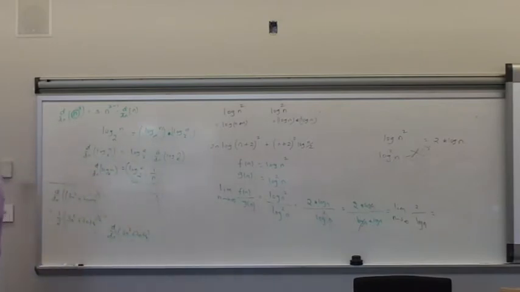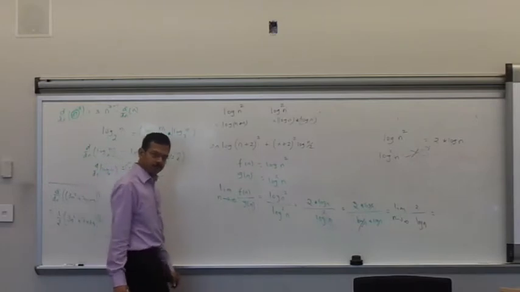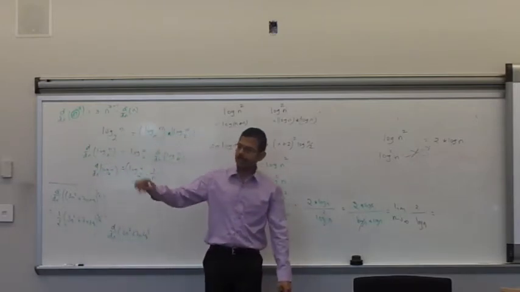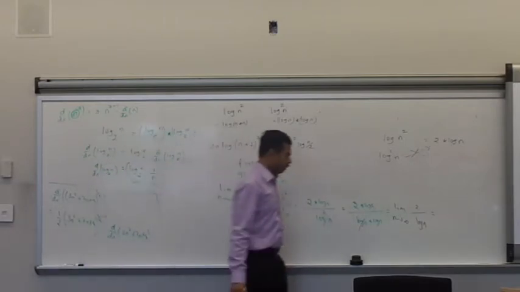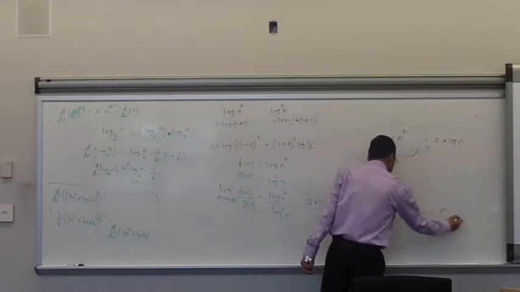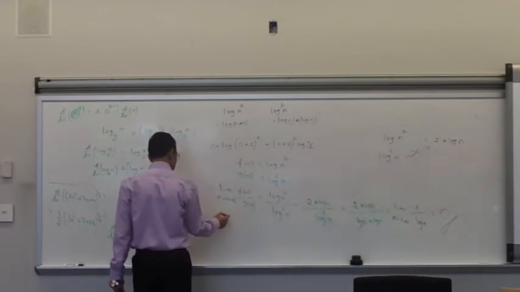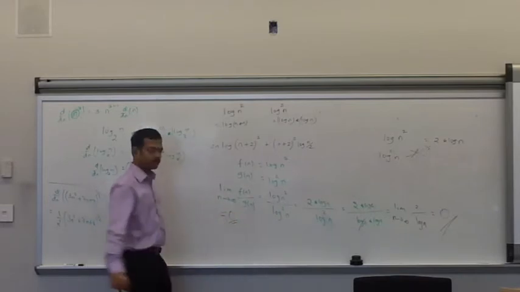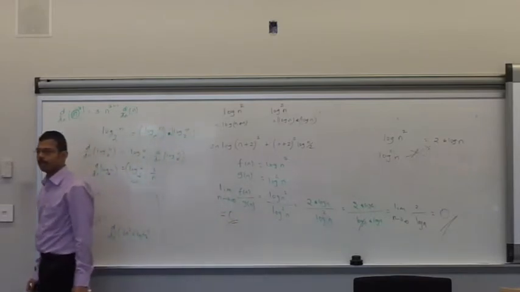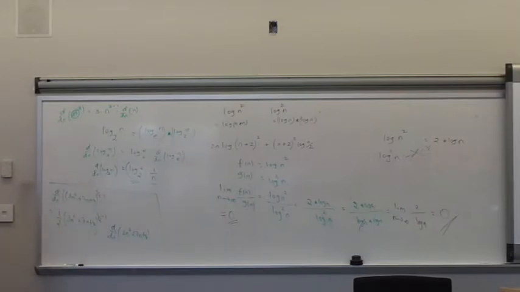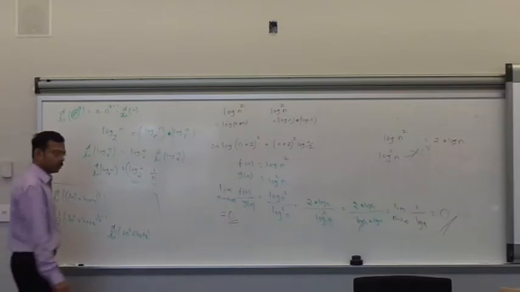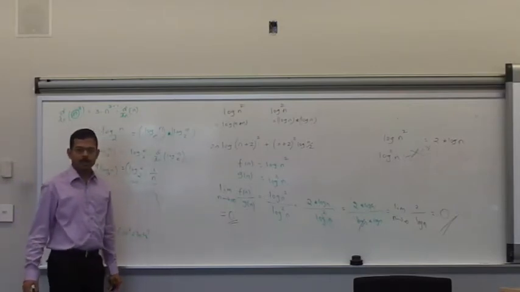If you apply the limit, 0, because log infinity is infinity, and 2 over infinity is 0. So we get the limit as 0. So what can we say? Which one grows faster? G of n grows faster, right?